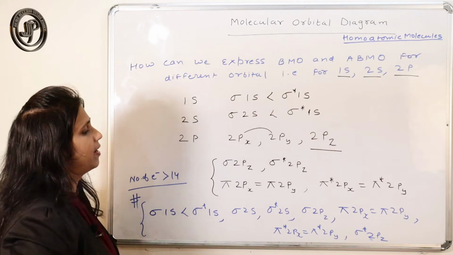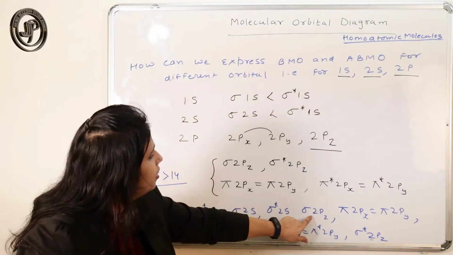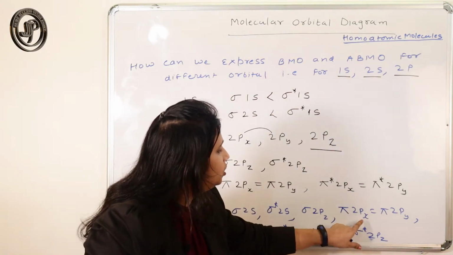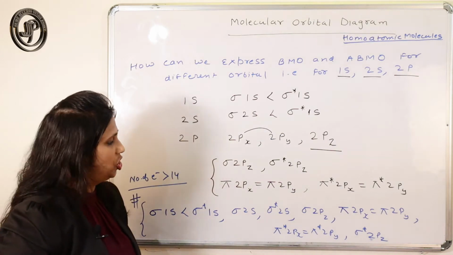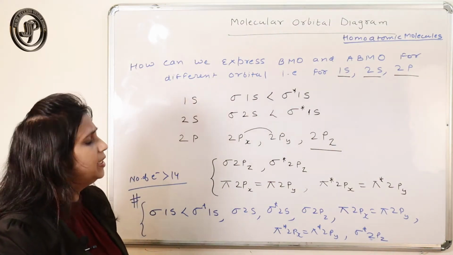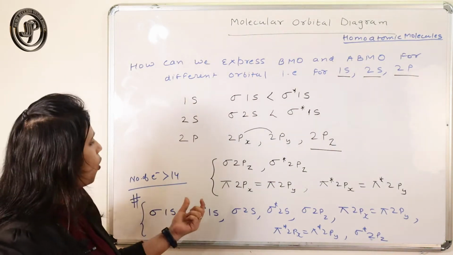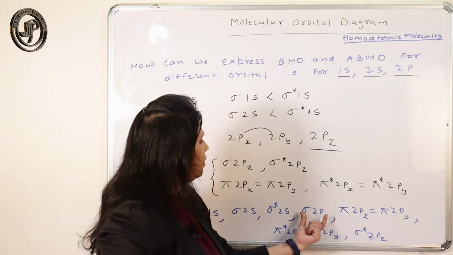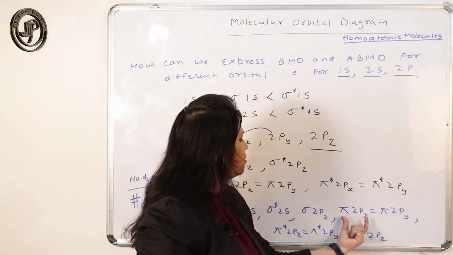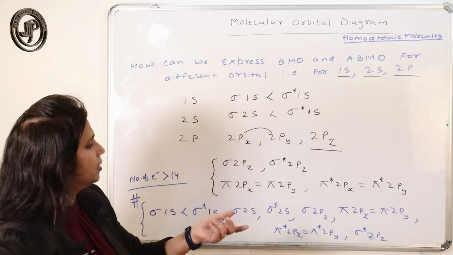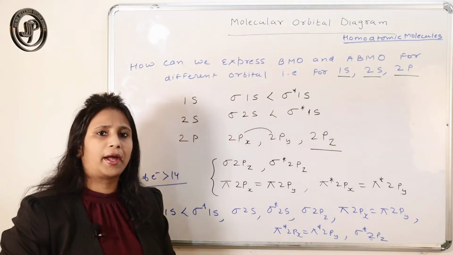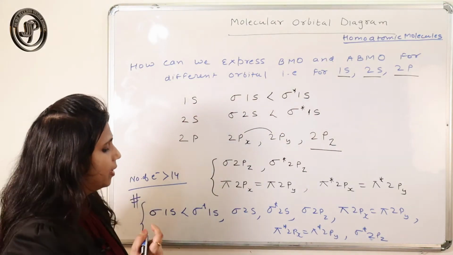For less than 14, the energies of these two get interchanged. If you need the reason for this: if the number of electrons in the molecule is less than 14, then the energy of sigma 2pz is slightly bigger than pi 2px and pi 2py.